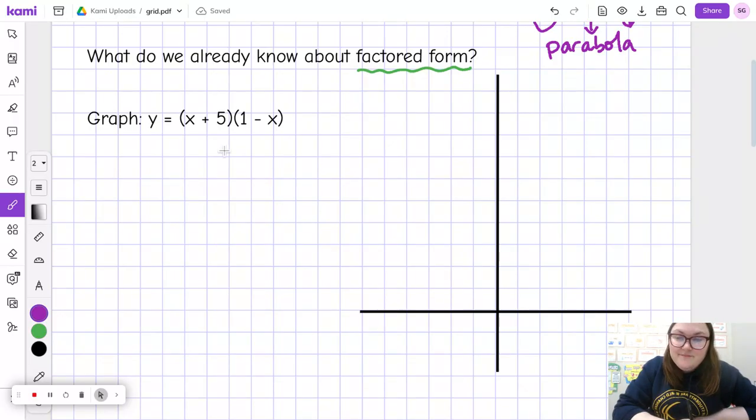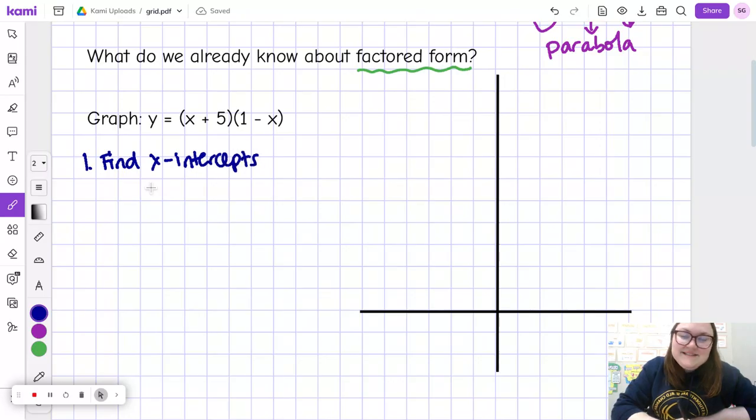But factored form, it's pretty easy for me to find the x-intercepts and where that graph crosses our x-axis. That is going to be important for today because if we want to graph an equation in factored form, the very first step we are going to do is find our x-intercepts.